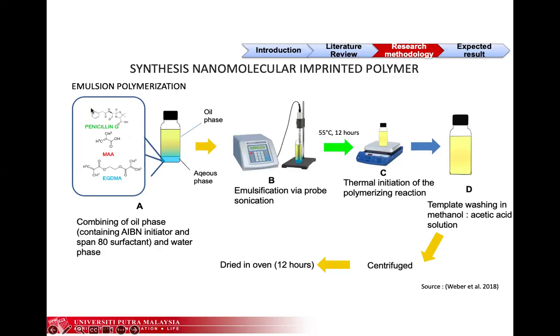So here we have penicillin G, and the monomer chosen is methacrylic acid, MAA, and this is the cross-linker. EGDMA is an example of cross-linker. So this is an example of cross-linker, and this is an example of monomer.